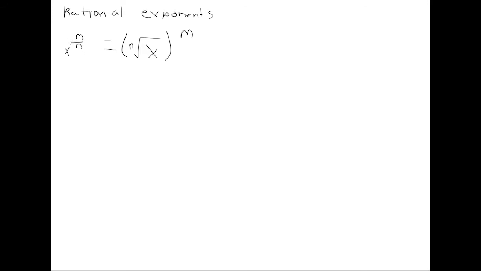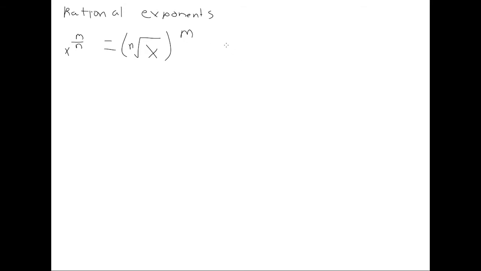And if you don't know, when you have a fraction, the denominator is basically saying whatever root you're taking, and the numerator is whatever your power is. So that's why this works. This is one of the less common rules. You might not run into this as much, but it's still very important to know.